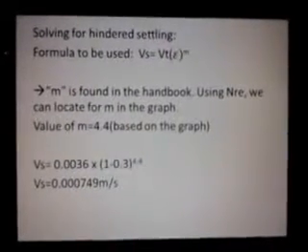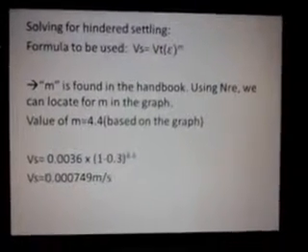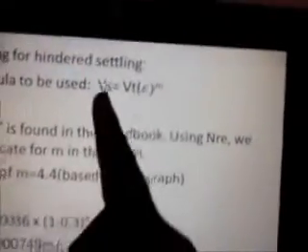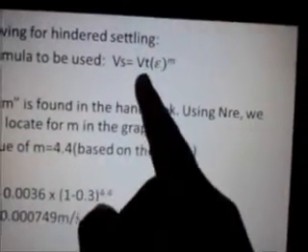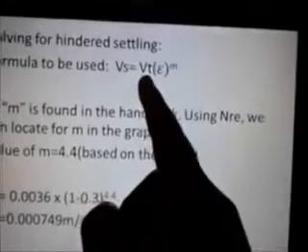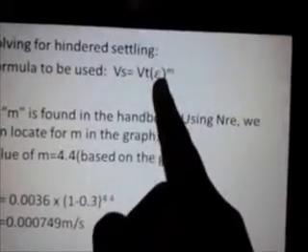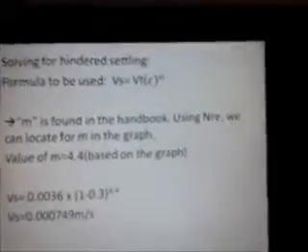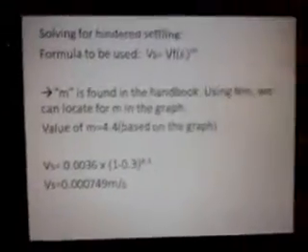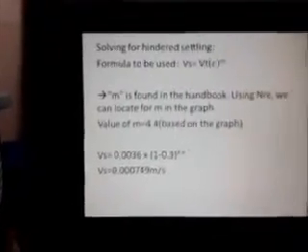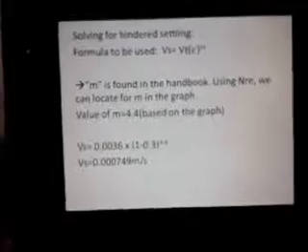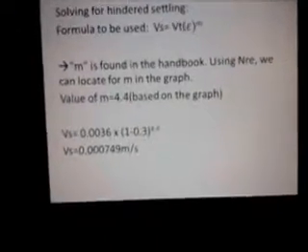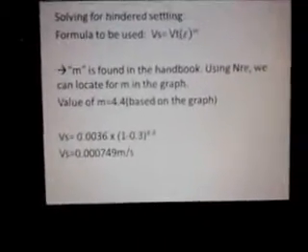And then solving for the hindered settling, the formula to be used is Vs is equal to Vt, which we have solved earlier, times porosity raised to m. The m is found in the handbook using the NRe.